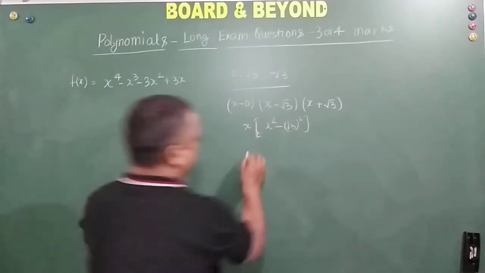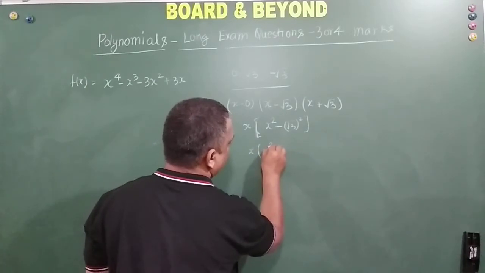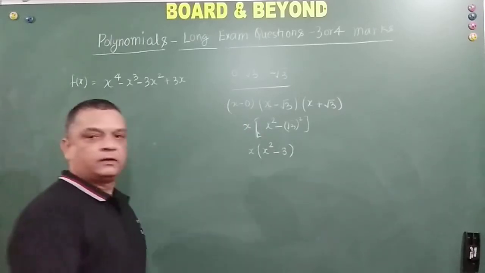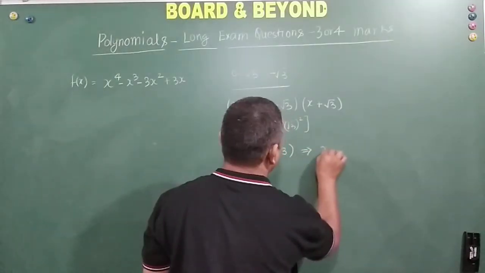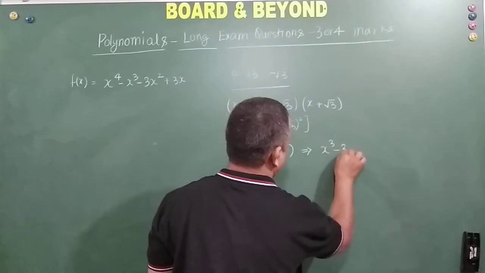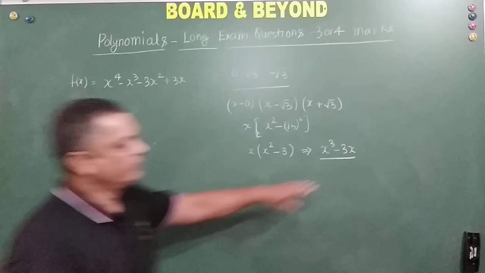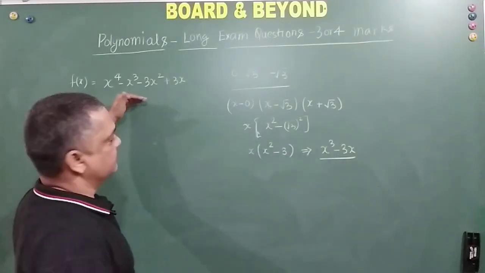So this is equal to x into x square minus 3. Solving it a little further, this leaves me with x cube minus 3x. So x cube minus 3x is a factor of this.